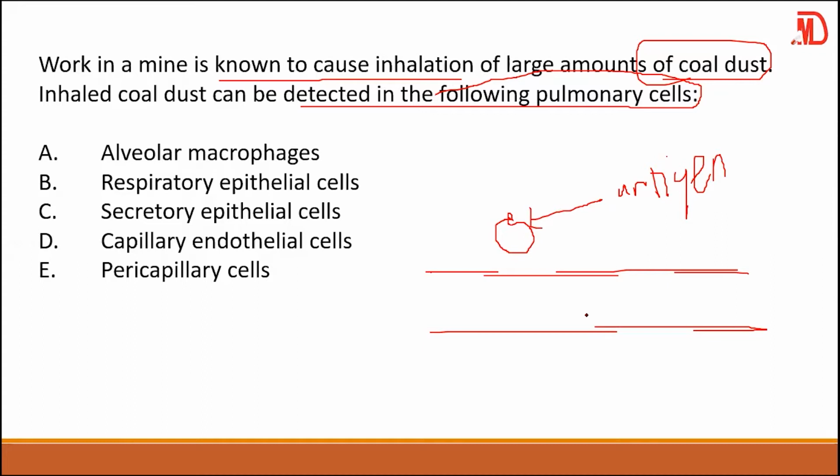Who can tell me? Macrophages. Exactly. Macrophages will move sharply into the place of invasion, so that they can engulf and swallow it.